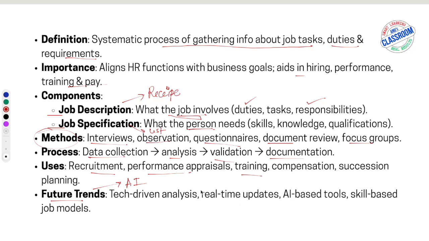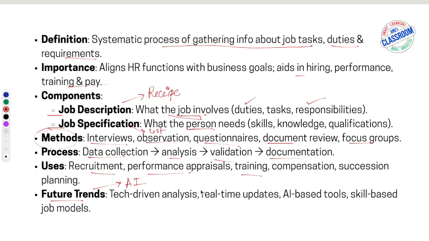We will be seeing more and more use of things like video resumes, or virtual reality also sometimes to simulate work environments. Maybe algorithms will be in place to process job data faster, right? With all this, there is also a focus on employee well-being, flexible work, diversity, continuous learning, right?